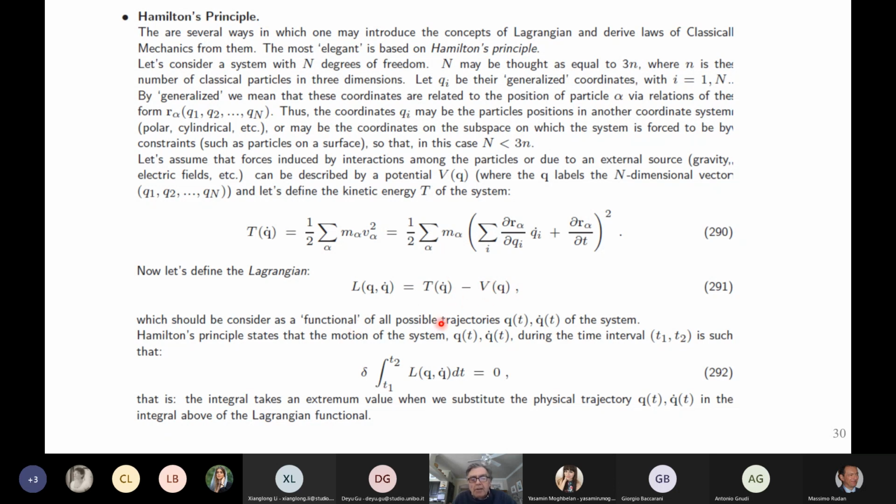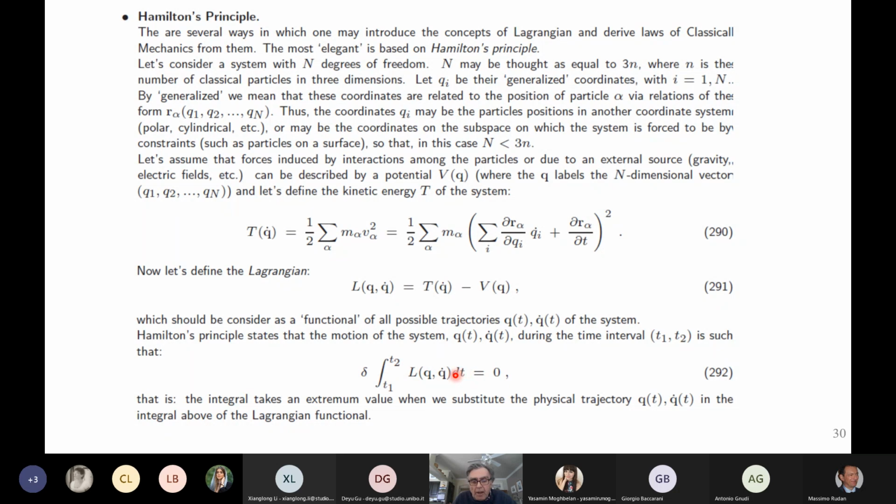And then classical mechanics, F equal ma, can be formulated by saying that the trajectory that the system, the particle if it is one particle, will follow as a function of time is such that it renders the integral of the Lagrangian between time t1 and time t2 an extreme point.